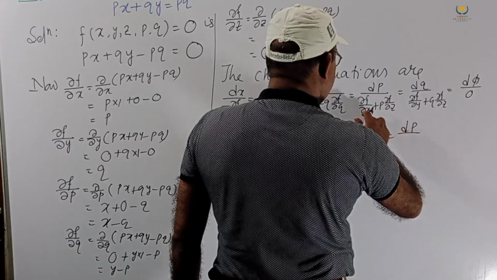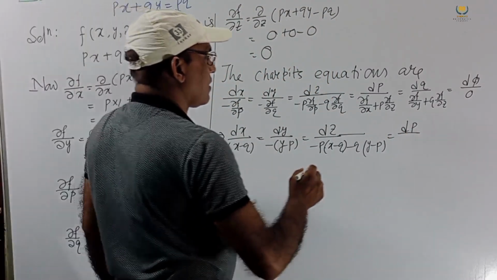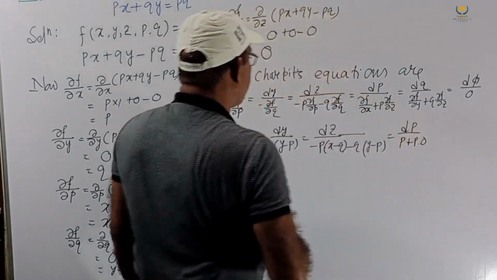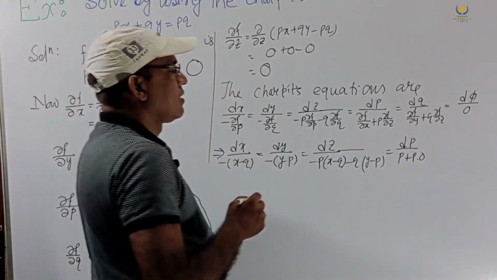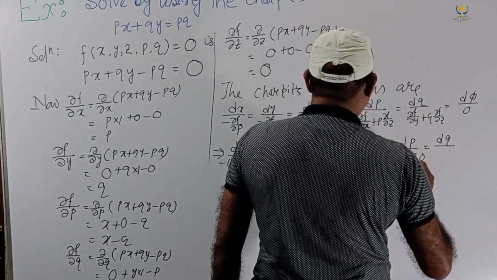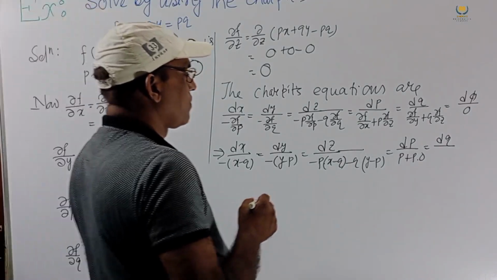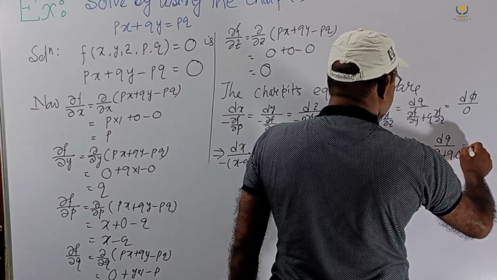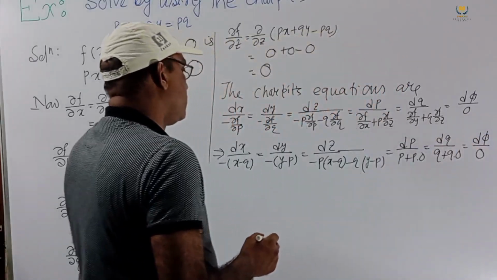dp by ∂f/∂x, ∂f/∂x means p, plus p into 0, since ∂f/∂z is 0; this is dq by ∂f/∂y, ∂f/∂y is q, q plus q into 0, and dφ by 0.